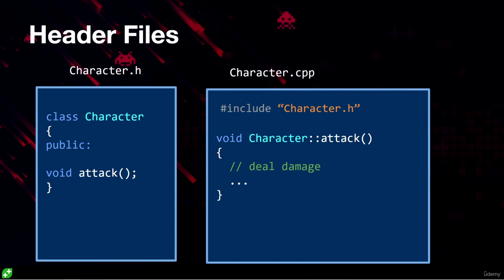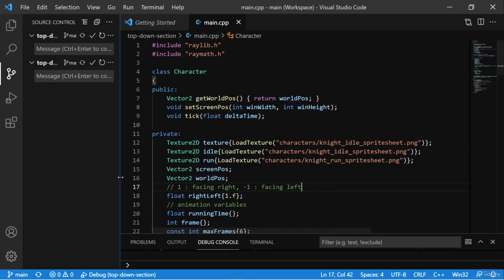One of the reasons why we declare the functions and variables in the header files and define them in the source files is because as our programs get large, we may need to include lots of header files, and if those header files contained all of the definitions, compile times would get very high. So let's create our own header file and CPP file for the character class.